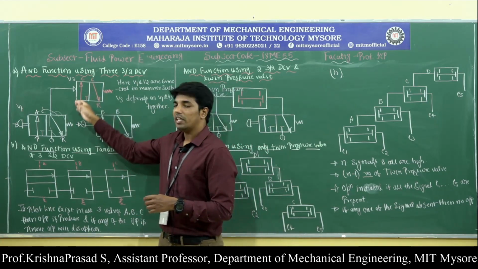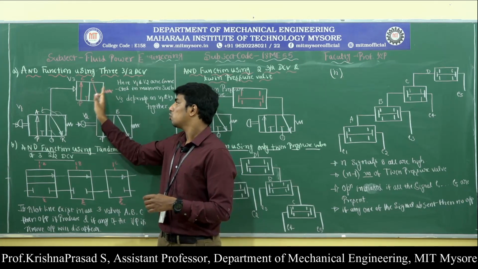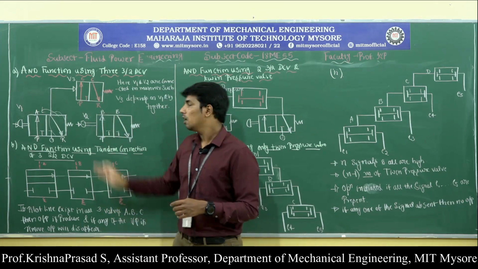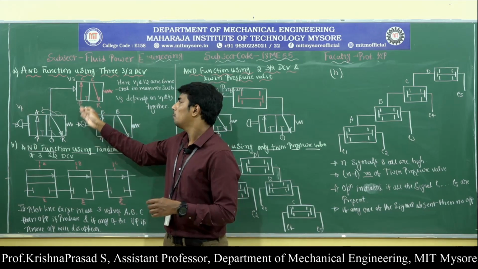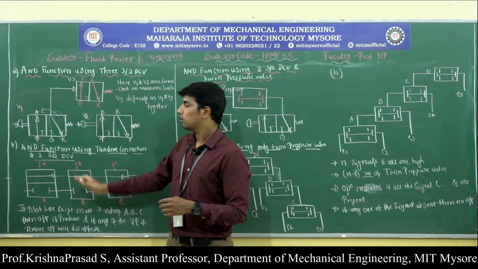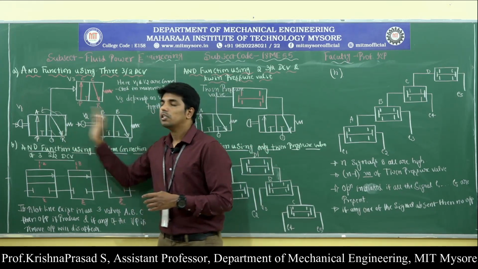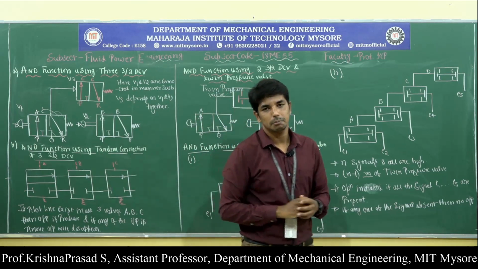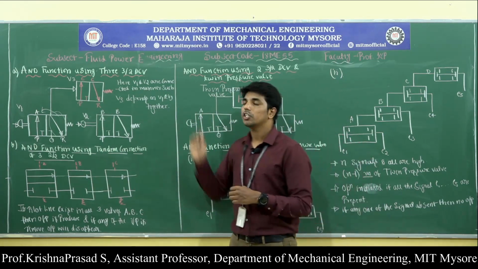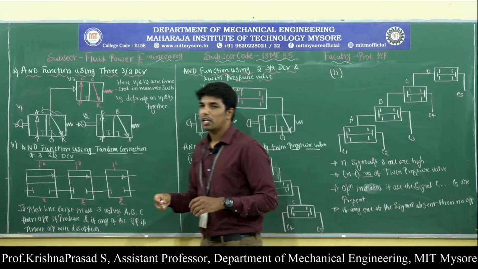Now valve V3 changes from the normally closed position to the normally open position, and compressed air flows from port P to port C. So we can observe the output at outlet port C only if both V1 and V2 are actuated together. This is the AND function using the 3 by 2 direction control valve.